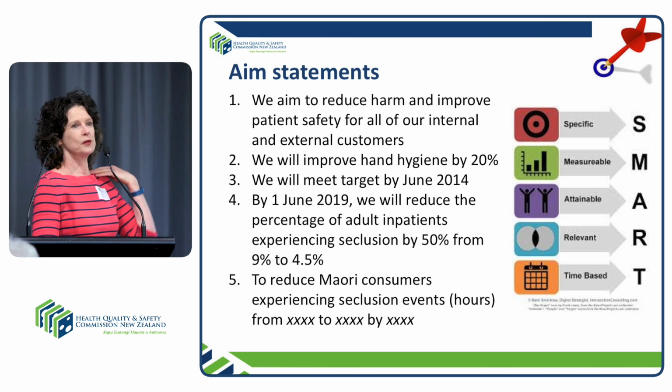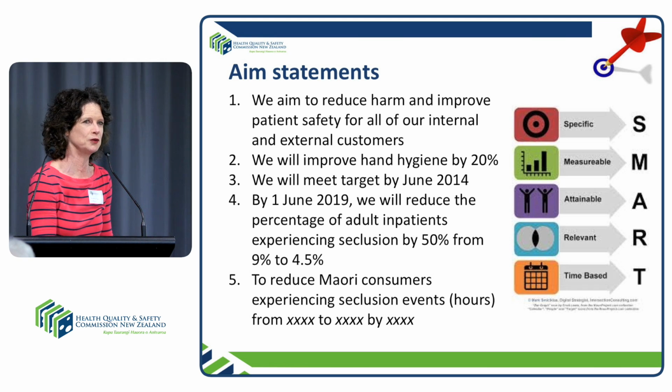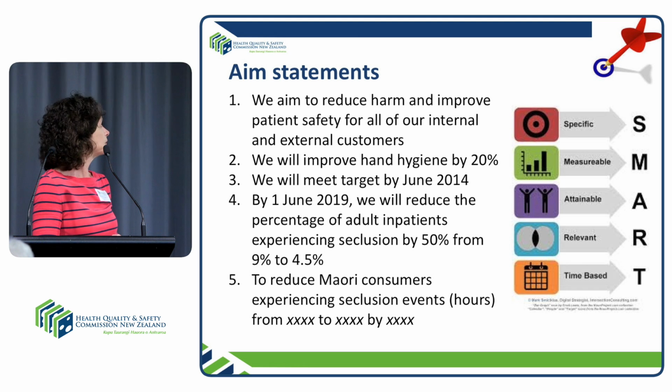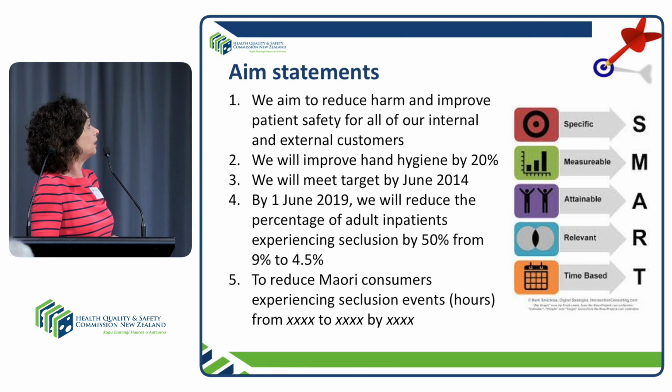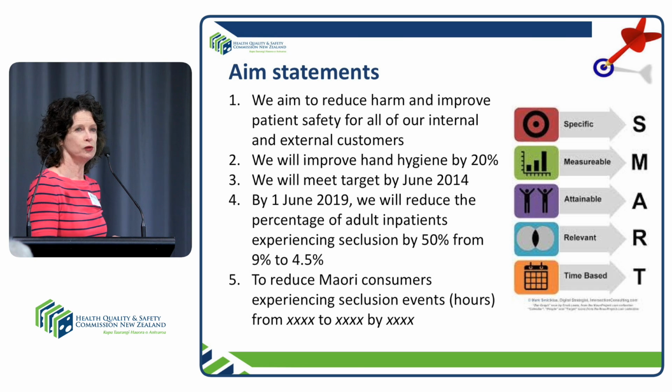So this is an example that Karen proposes for zero seclusion. What do you think about this one? So it's quite specific. It's got the measurable, the how much by when. We're saying, yes, this is attainable, it's very relevant, and it's got a time.